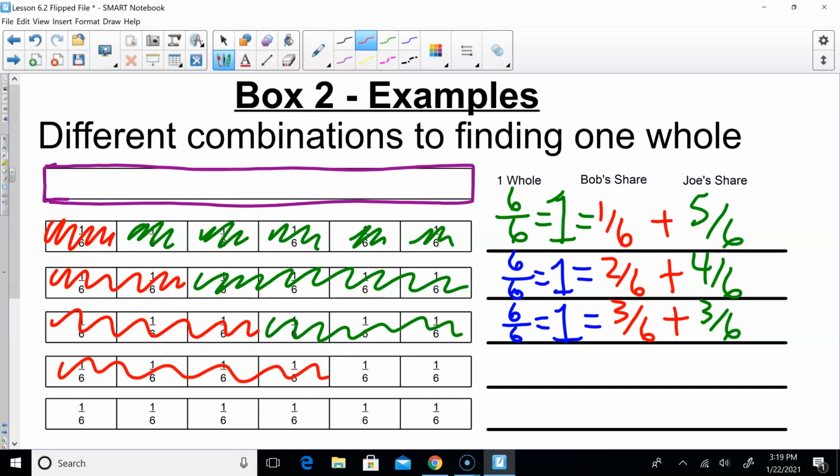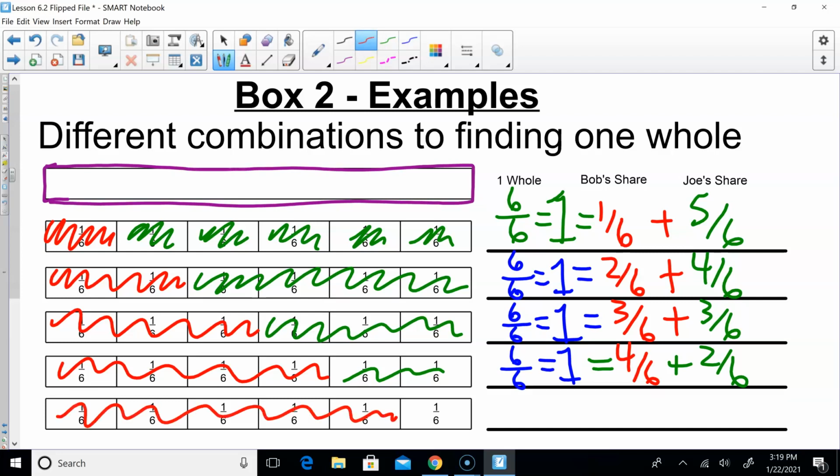And here we go. We got 4 over here for Bob's share, and for Joe's share 2. Now that I changed up my addition symbol, which equals, and we've got, wait for it, 1 whole or 6/6, because this time we're dealing with sixths. If you have a different number, you might have a different thing, but you're still going to get back to 1.